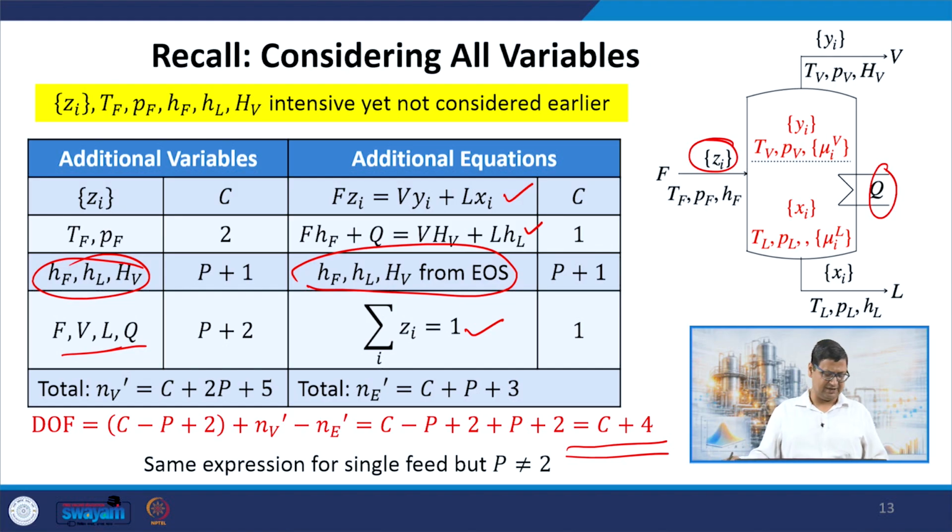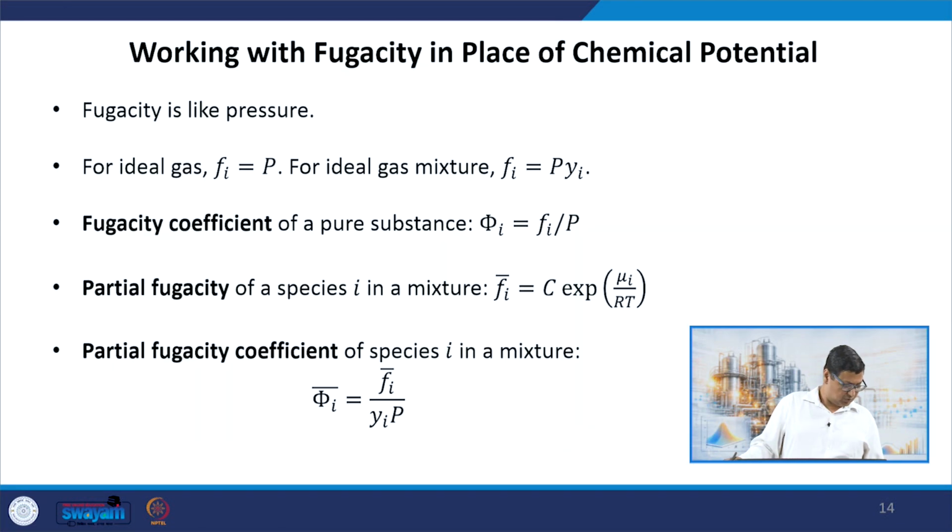One thing that is typically used in separation process literature or chemical engineering literature is that instead of chemical potential, sometimes it is more convenient to work in terms of a quantity known as fugacity, right? Fugacity, you can imagine, is something like pressure. It has units of pressure.